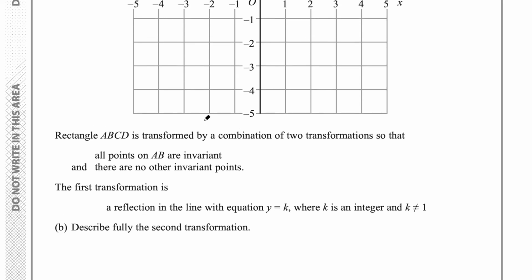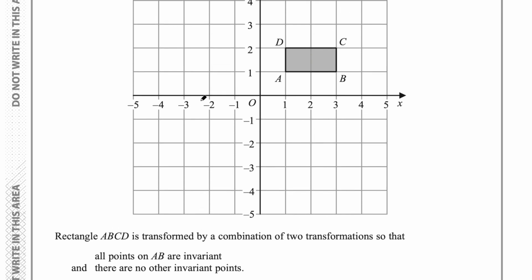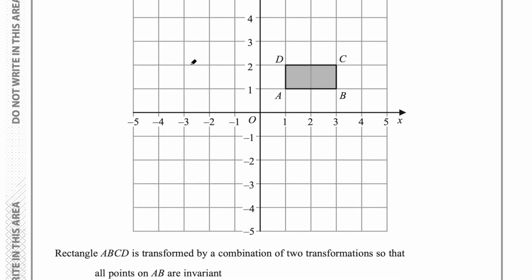Okay, so let's try a few things here. Let's say y equaled 2. So that would be the line y equals 2. If we reflected this shape in that line, it would end up here, and AB would be up here. So this would be AB. And then we need to do another transformation for it to get back to the same place it started.